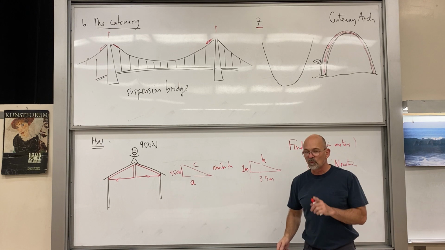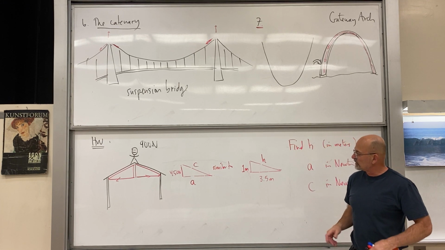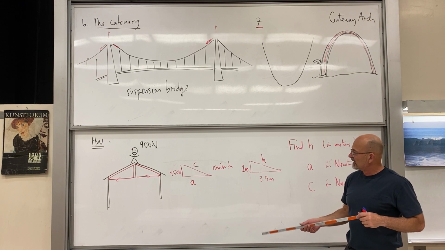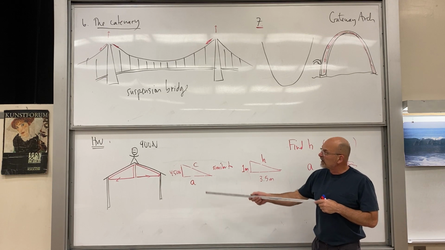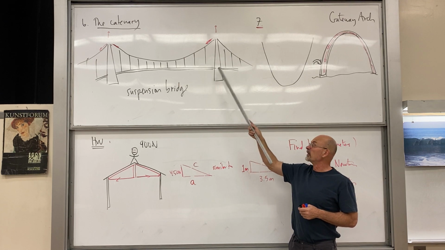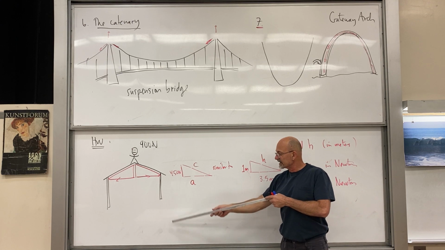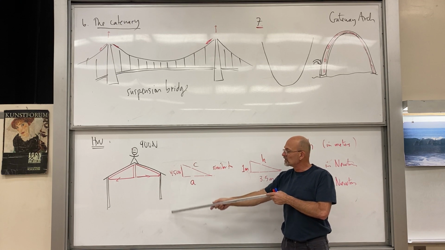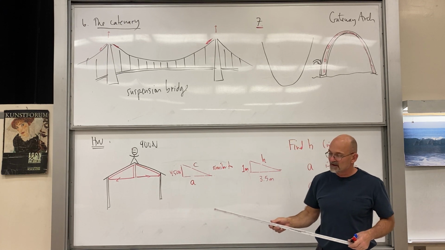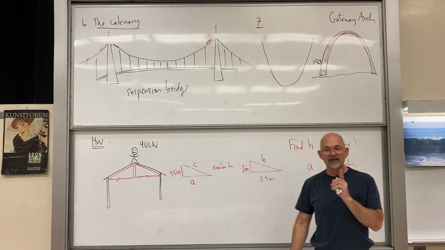Now I'm going to introduce one more law, a very simple one, because the question arises: what techniques can we use to actually build these kinds of structures? We've analyzed their shape and the forces, but how do we actually lift things up? How do we build things? And the concept is going to be leverage. So we're going to start with the law of the balance and then the law of the lever.